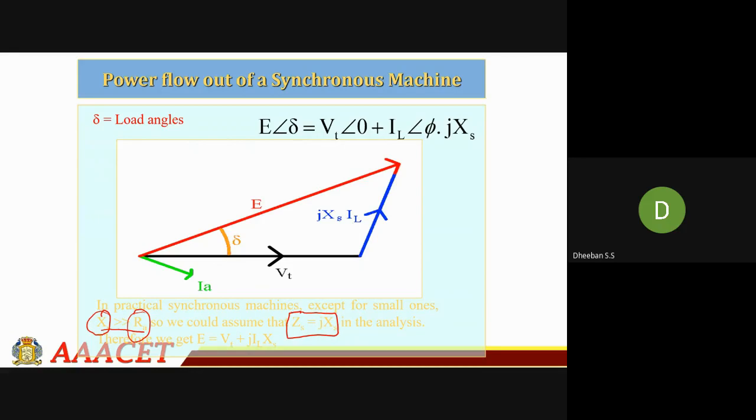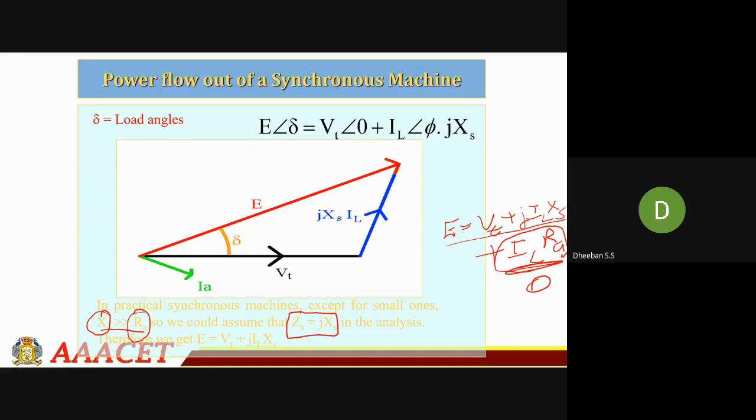Generally, E will be equal to Vt plus j IL XS, plus IL into RA. This RA value will be taken as 0; we are neglecting this value.